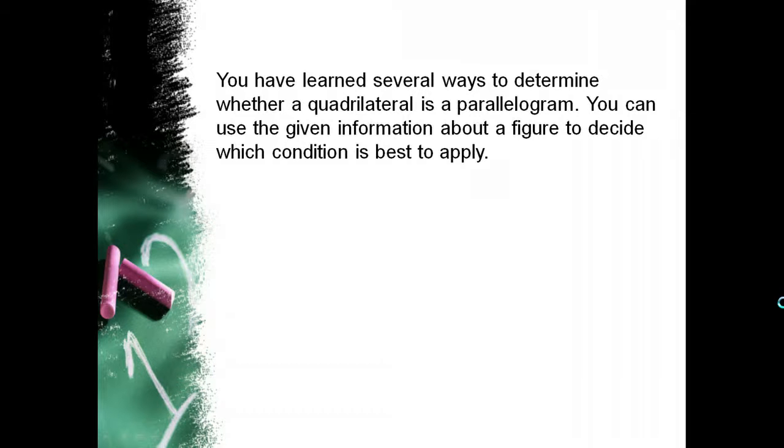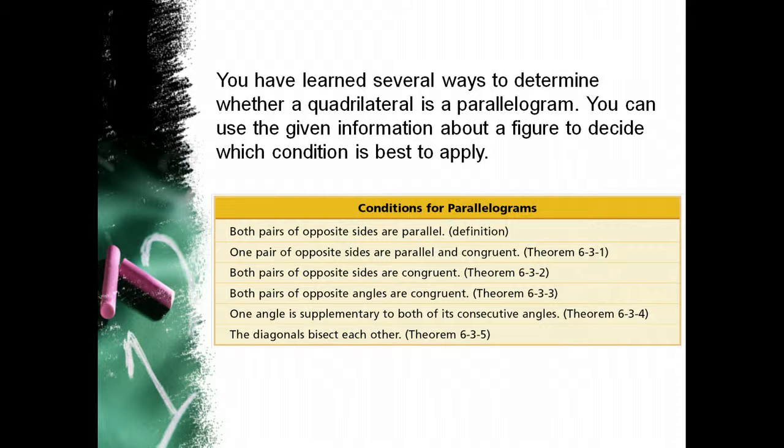So you've learned several ways to determine if a quadrilateral is a parallelogram. You can look through the theorems, and you should remember them in both directions, and see which one you should apply to make the proof the easiest. Your conditions are: both pairs of opposite sides are parallel, that would be by definition. One pair of opposite sides are parallel and congruent, that's 6.3.1.